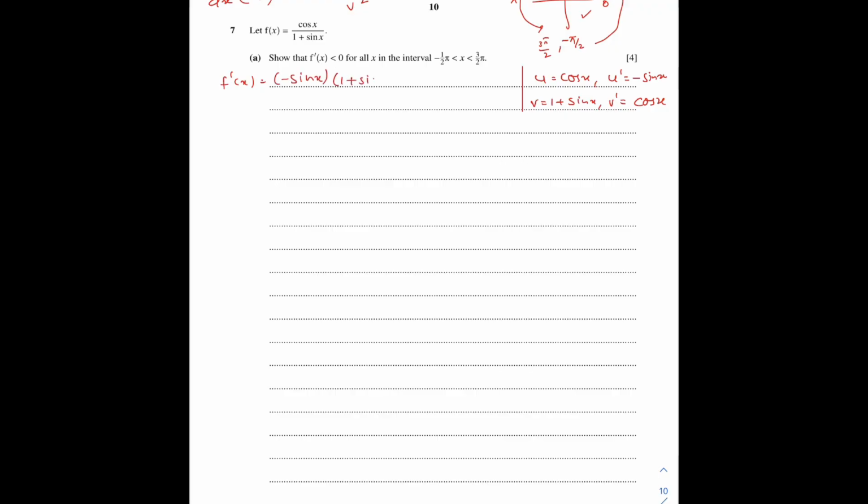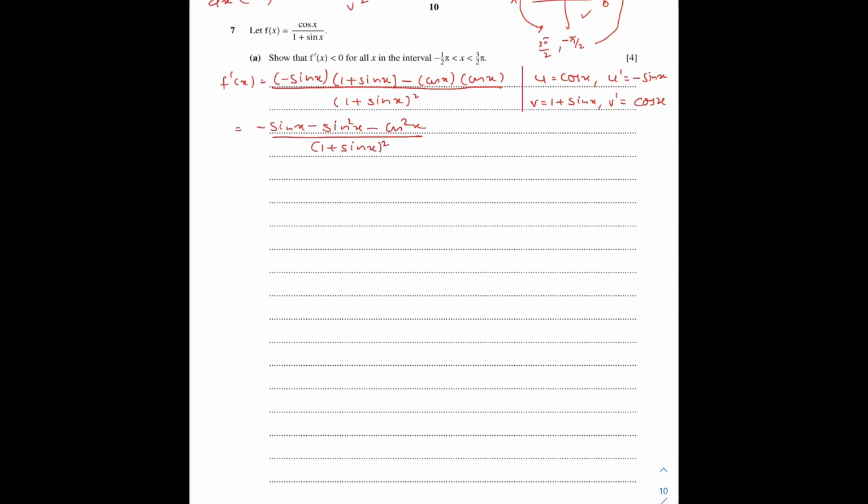So f dash x will be u dash v, so that's negative sin x times 1 plus sin x, minus u v dash, so that's cos x times cos x, over v squared, 1 plus sin x squared.